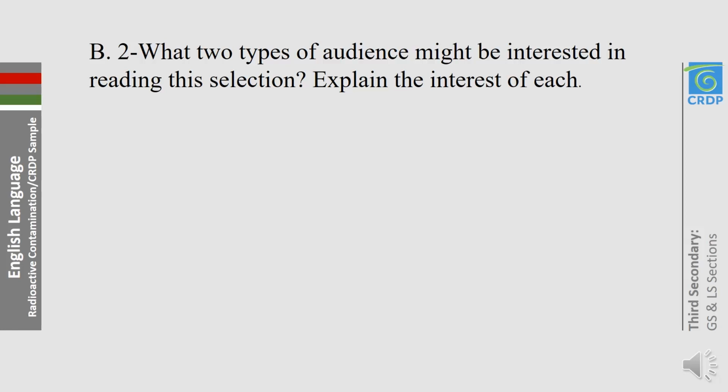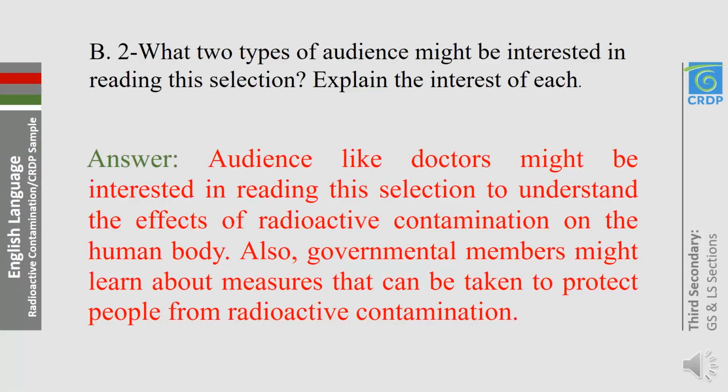Here, since the text discusses radioactive contamination and its health risks, we can say that audience like doctors might be interested in reading this selection to understand the effects of radioactive contamination on the human body. Also, governmental members might learn about measures that can be taken to protect people from radioactive contamination.